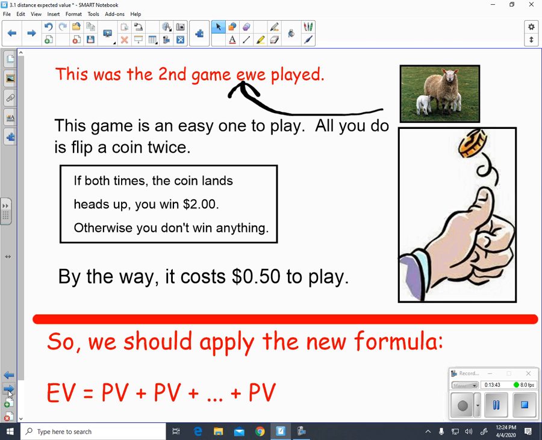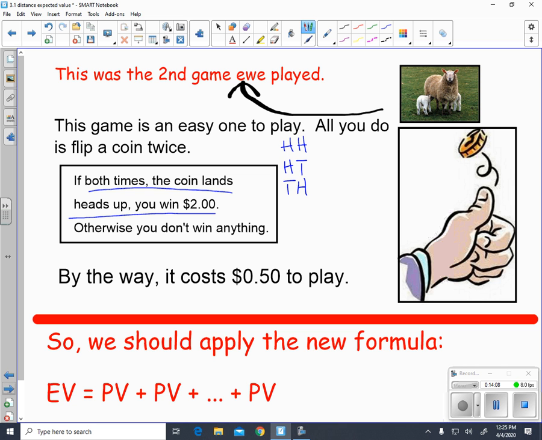The second game that we talked about, and we didn't really do the experiment, was if both coins land heads up, you win $2. Well, think about that scenario. When you toss a coin twice, it could have been heads and heads and you would have won, but you could have got heads and tails and lost.